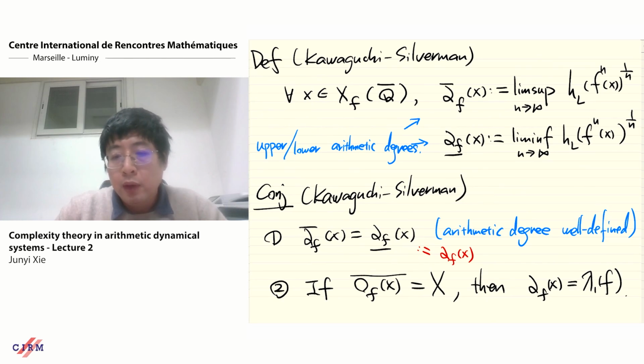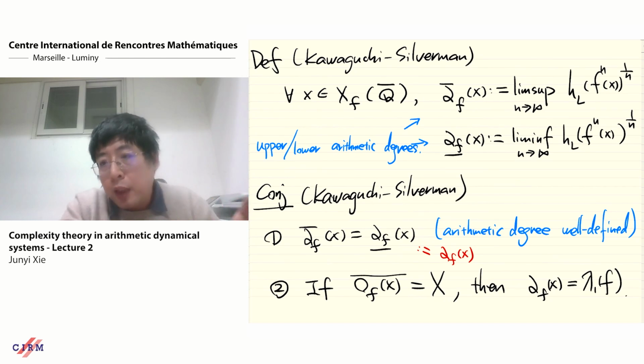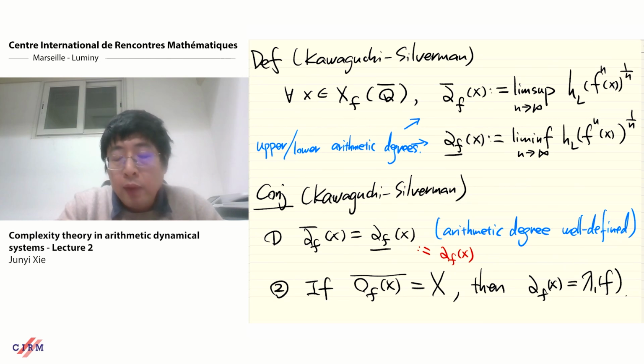Okay, so I think this conjecture is very interesting because a priori, in the definition of the arithmetic degree, you use a height, so it's some arithmetic invariant. But if this Kawaguchi-Silverman conjecture is true, it just means that this arithmetic degree is indeed not arithmetic. It's indeed an algebraic invariant. It's just lambda_1(f). So if the orbit is Zariski dense, it is lambda_1(f).